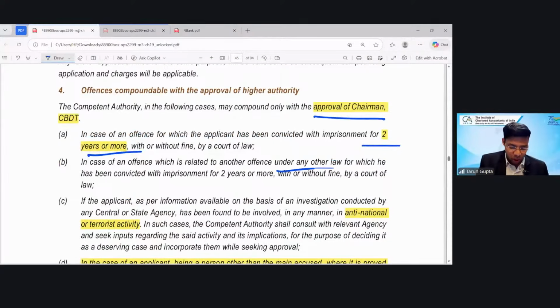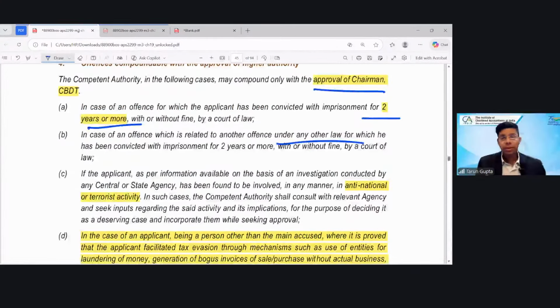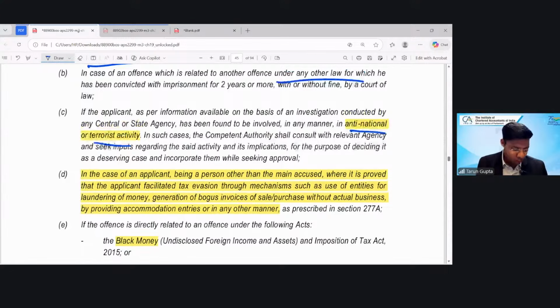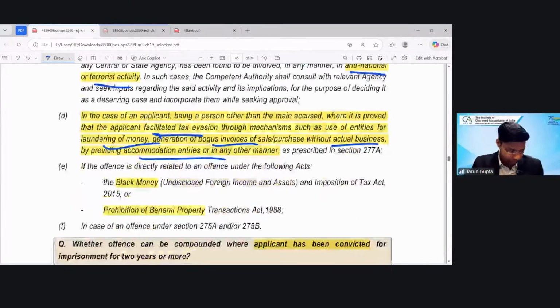If the offense is related to any other law. If the offense is related to anti-national or terrorist activity. In case of an applicant being a person other than the main accused, where it is proved that the applicant facilitated tax evasion through mechanisms such as use of entities or laundering of money, generating bogus invoices without actual business, or by providing accommodation entries.